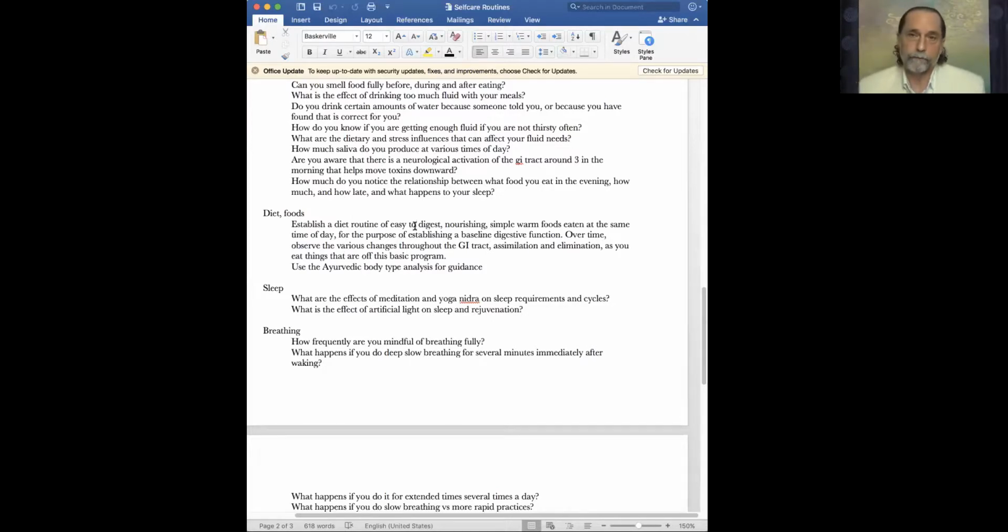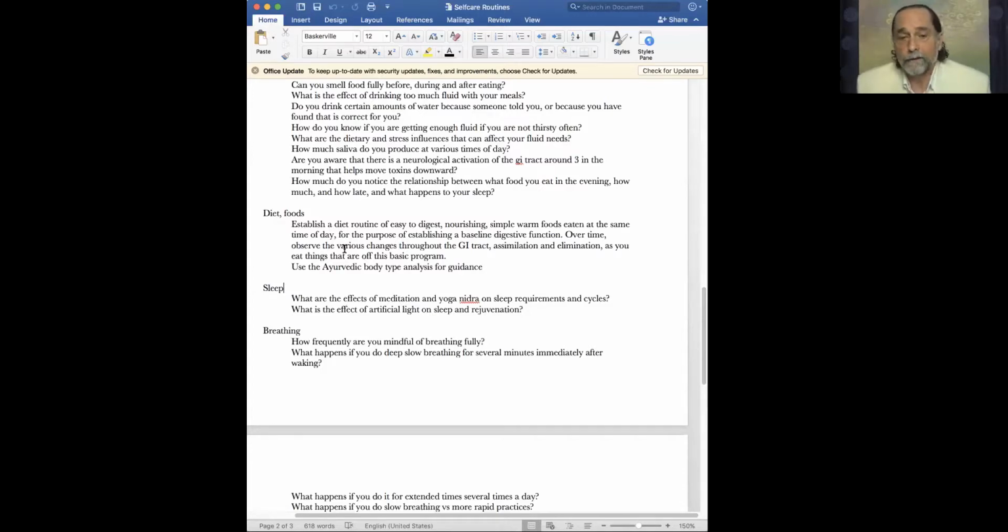And I'll give you some further details about it, but think baby food diet, for starting to get your digestive system organized and to do experimentation. Simplicity allows us to do experimentation and see cause and effect more clearly. And we can also use the Ayurvedic body type analysis that we'll get to in a little bit.